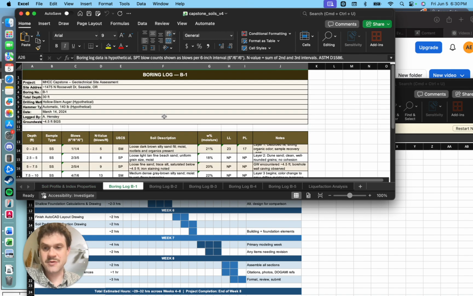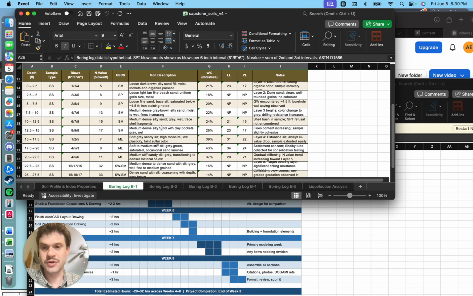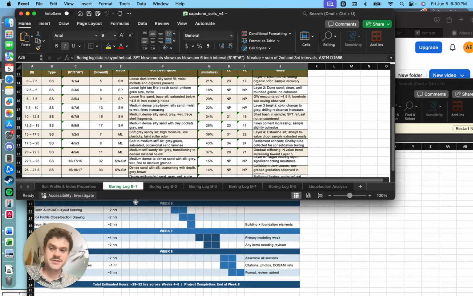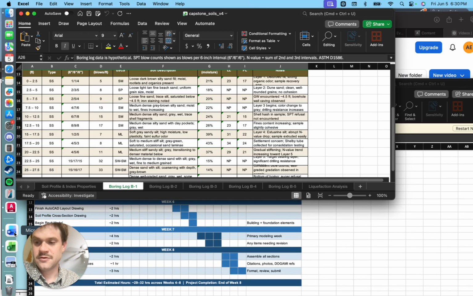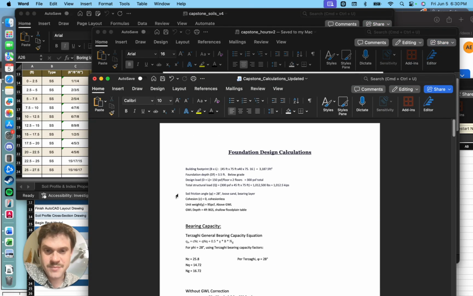So I made up these hypothetical boring logs with soil descriptions, notes, moisture levels, all this stuff, so that I could get the calculations that I would need for this part, the foundation design.